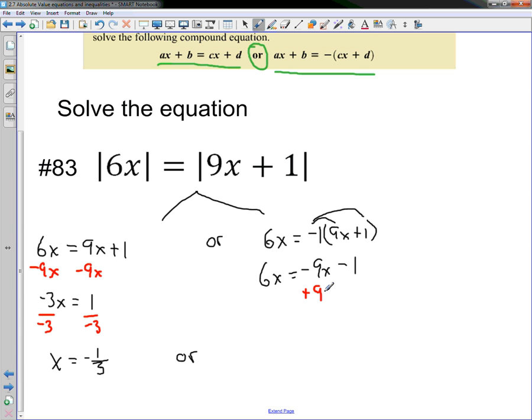I'm going to add 9x over since it's negative. That gives me 15x equals negative 1. Divide by 15. And we have x is equal to negative 1/15.